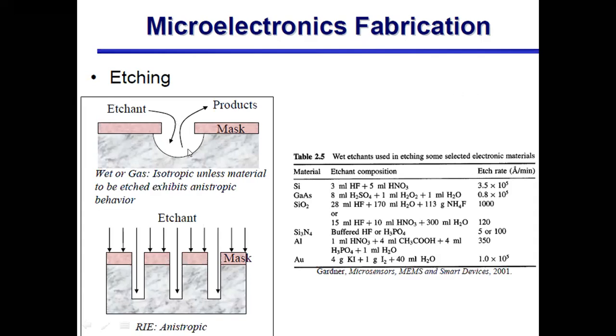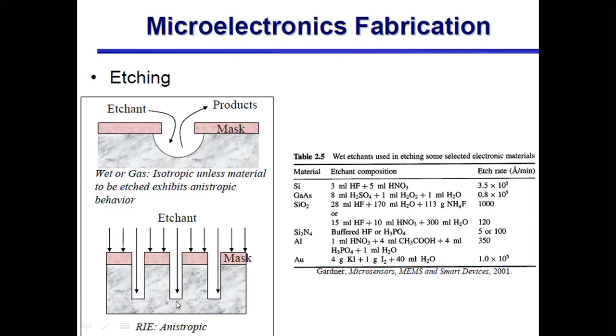Here you see that we are performing another process, that is RIE, reactive ion etching. The material is etched in only one direction. You could see that we are eating the material in only one direction. This type of etching is known as anisotropic etching.